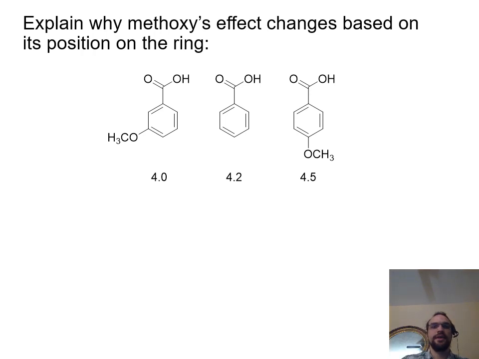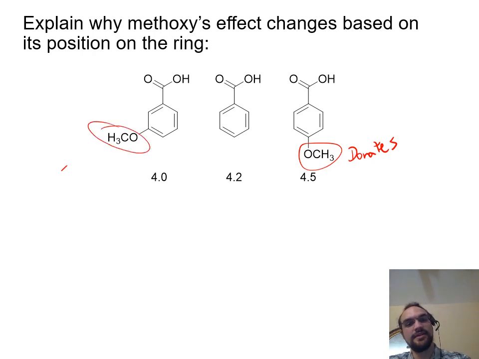All right, so here is an interesting example for you to think about. We talked a little bit about the methoxy group and how, in the para position, it acts as a donating group, since it increases the pKa and makes it less acidic. And here, it lowers the pKa and acts as a withdrawing group.